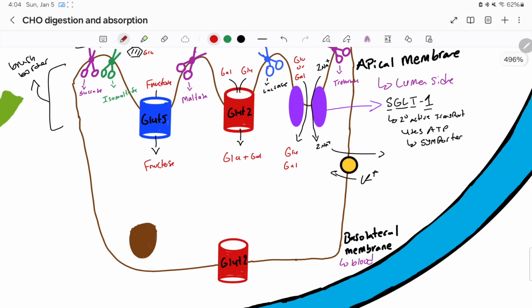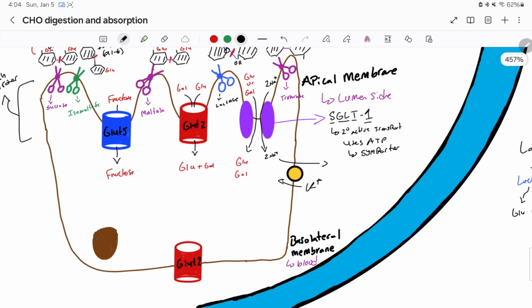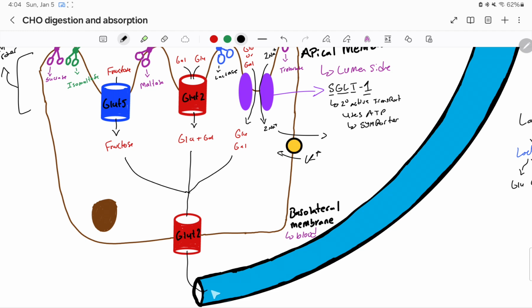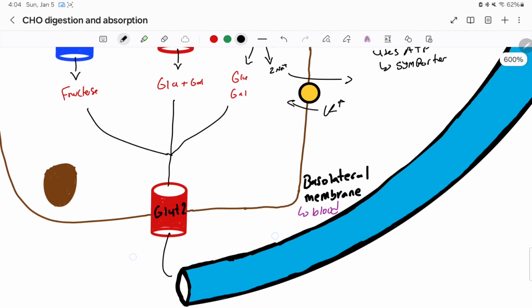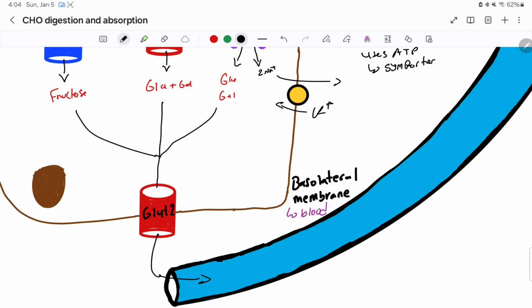Now, after these guys are inside of the enterocyte, they have to now go into the blood. So how do they do that? Well, they all come here, okay? And they all collectively are able to go through this GLUT2 transporter, which, remember, I told you is not specific, okay? It doesn't care what it lets in, all right?